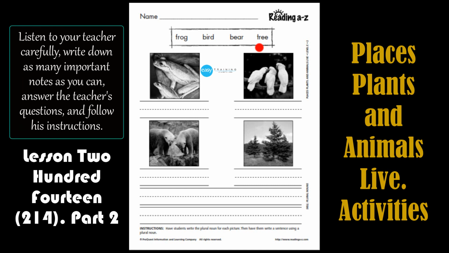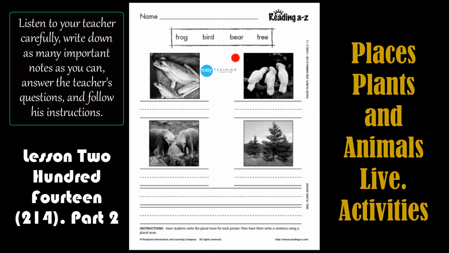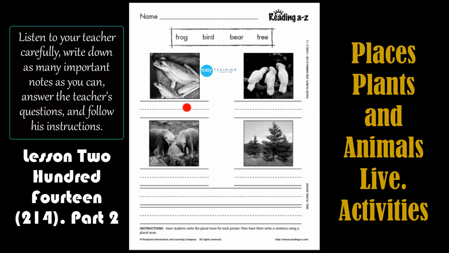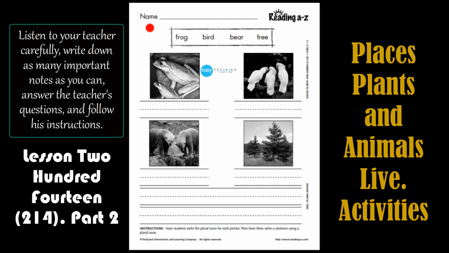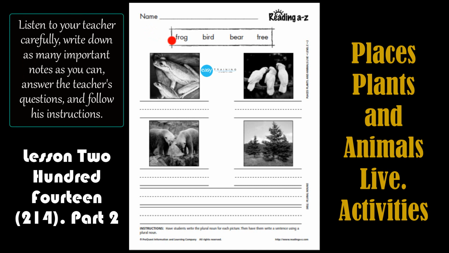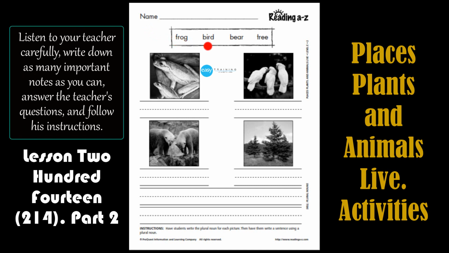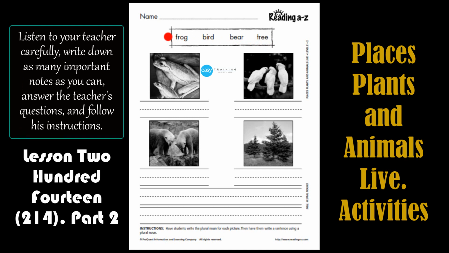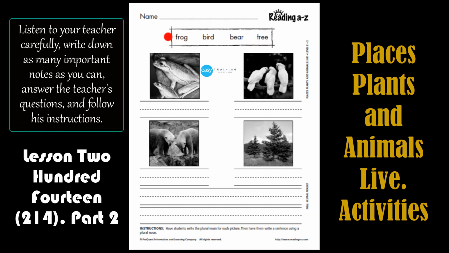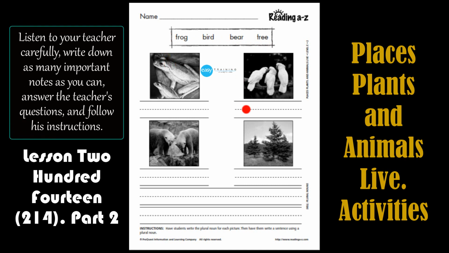The exercise mainly consists in naming this using the plural form of the noun. Let's read the words: frog, bird, bear, tree. These are nouns, as I said before. Then we are going to use the plural form of the nouns to name these pictures.